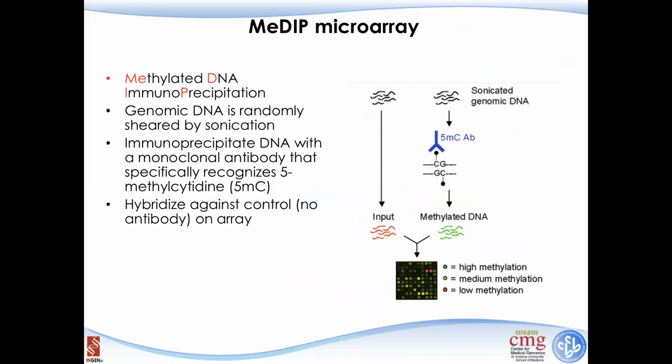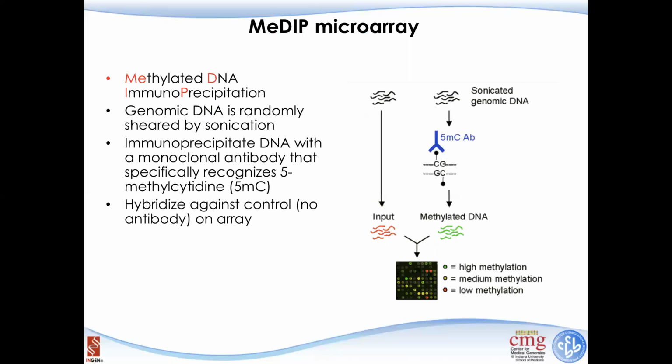So here is another example, called the MeDIP microarray, very popular in the early years. And the full name of this technology is methylated DNA IP. So this pattern is quite similar to ChIP. First we have a control here, and then we have a sonicated genomic DNA sequence here.